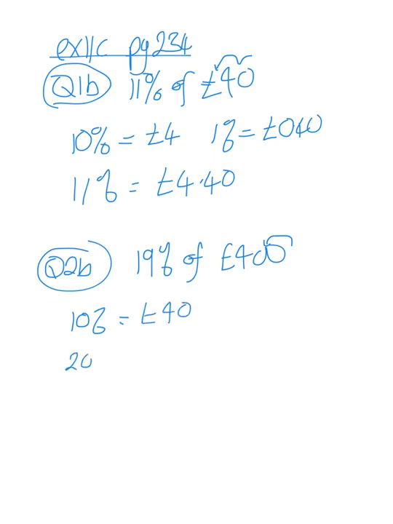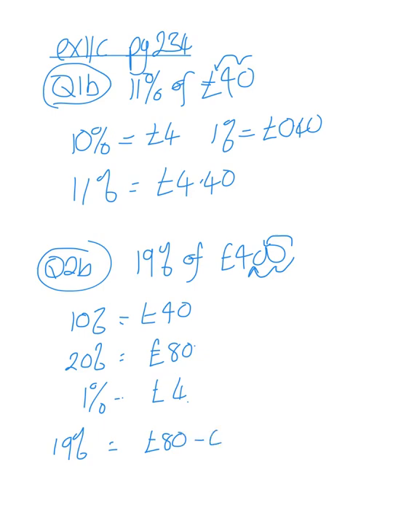And 20% is going to be double that, so 20% will be £80. If I want to work out 1%, I will divide by 100, so that will give me £4. Therefore 19% is going to be 20% minus 1%, so £80 minus £4, which is £76.